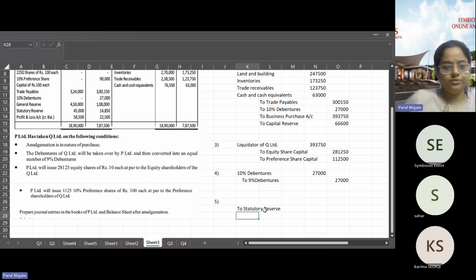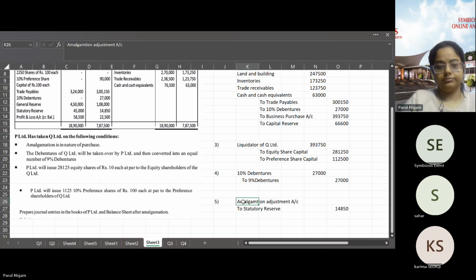And whenever the statutory reserves are recorded, what you're going to debit is a new account. You should memorize this name, amalgamation adjustment account, that is used to record any sort of capital reserves or statutory reserves when you are taking over another company. So that company's reserves will be recorded under amalgamation adjustment account.